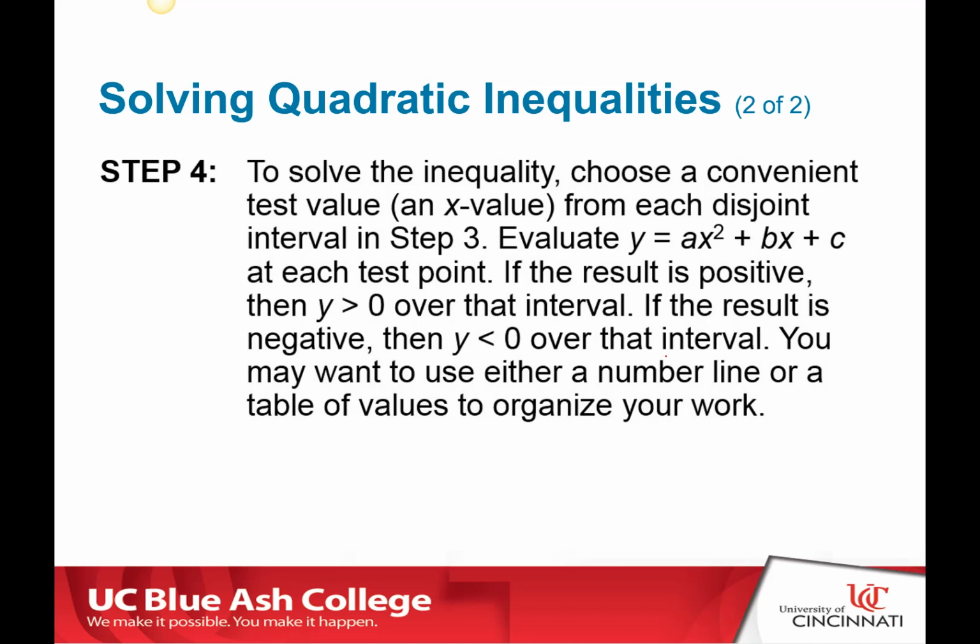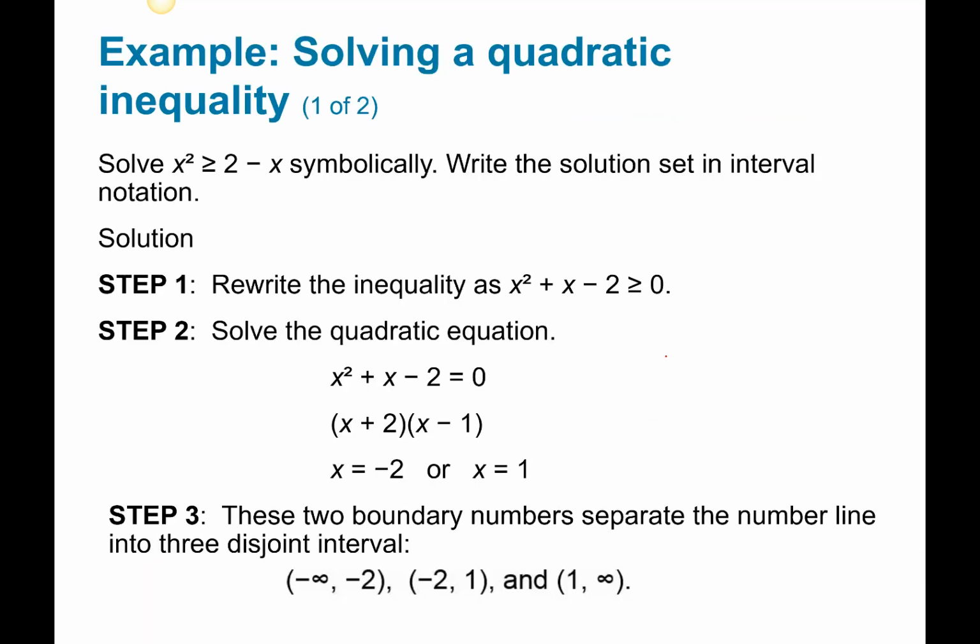So what do you wind up doing when you're going to solve an inequality? It's actually pretty straightforward. Let's say we have something like this one, and we need to solve it. First thing we'd do would be to rewrite this as x squared plus x minus 2, moving everything over to the left side, like that.